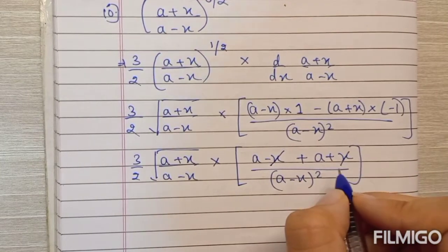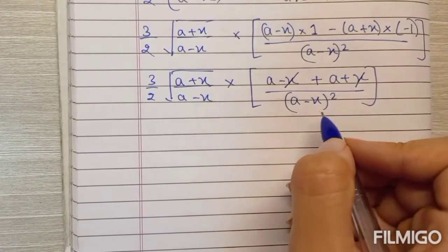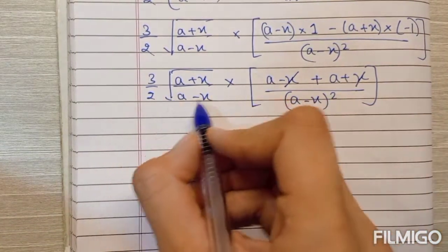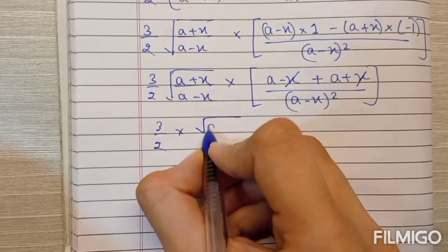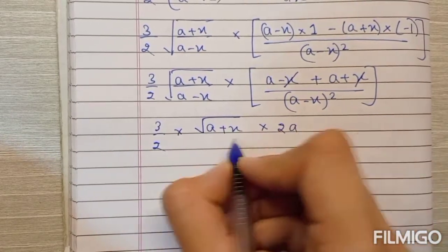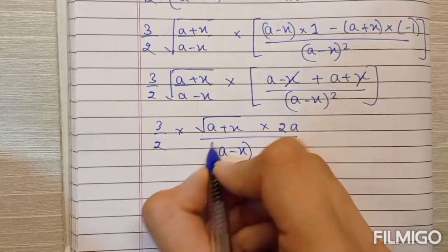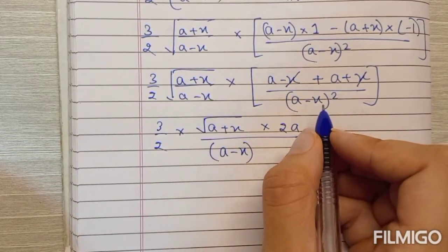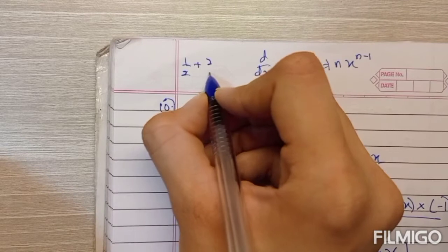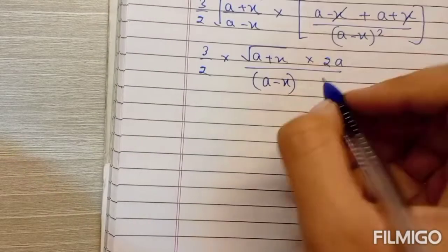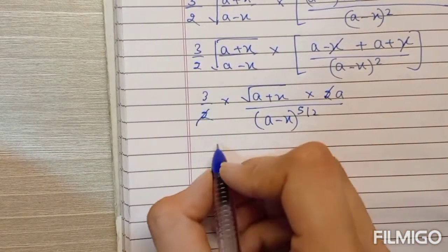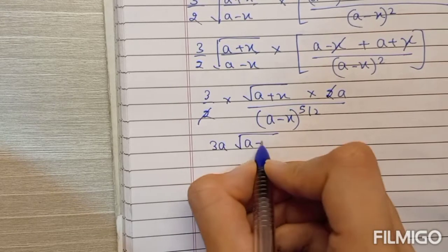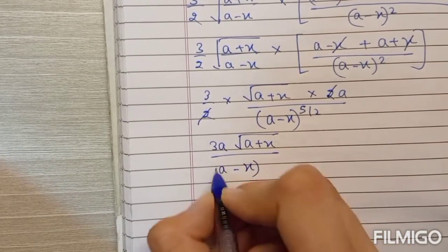So we can see that the x gets cancelled out and we are left with 2a in the numerator, and this thing is a minus x raised to half, so we can write this as 3 by 2 into root a plus x into 2a upon a minus x raised to half plus 2, according to the rule of indices, which is basically 5 by 2. So a minus x raised to 5 by 2, and this 2 will get cancelled out. So the final answer would be 3a root a plus x upon a minus x raised to 5 by 2.